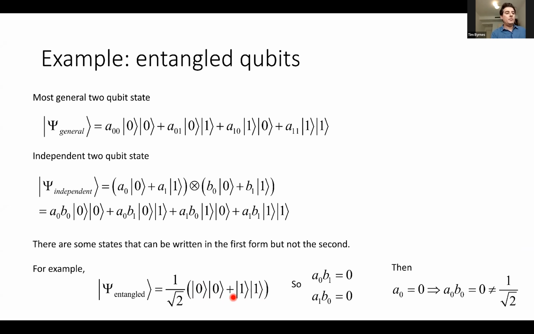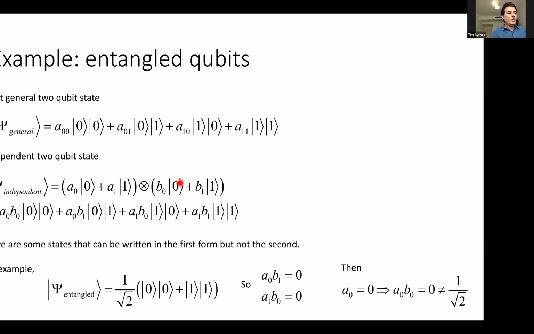We showed, or we sort of did it by contradiction, I suppose: we tried to write it in terms of a form like this, which is an independent state form. And then we basically got a solution where everything is 0, and that's not really what we want. So this is an example of a state that you just cannot write in this independent state form.